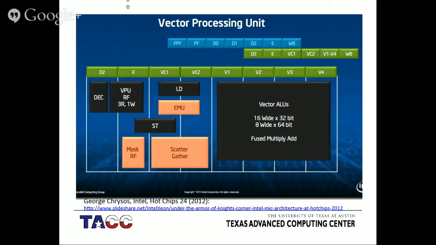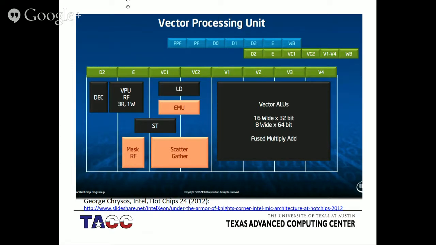Here is a diagram of the vector processing unit. And the important part is here the vector arithmetic. So it is 512-bit wide, so you can store 8 double precision numbers or 16 single precision numbers in a vector register, and then you put different input in a different vector register, and then you can do a fused multiply add.